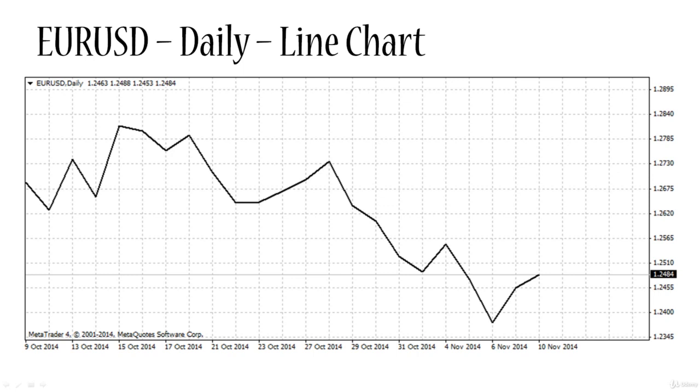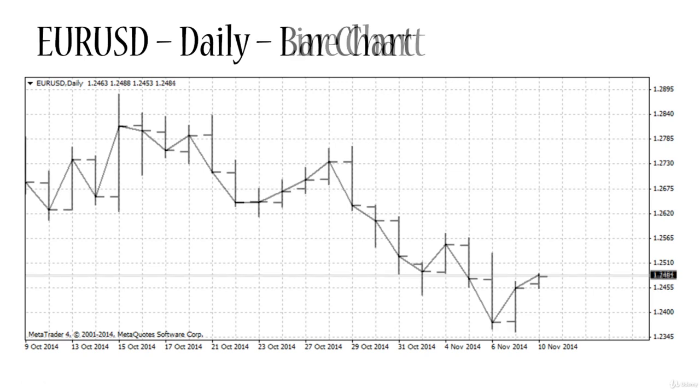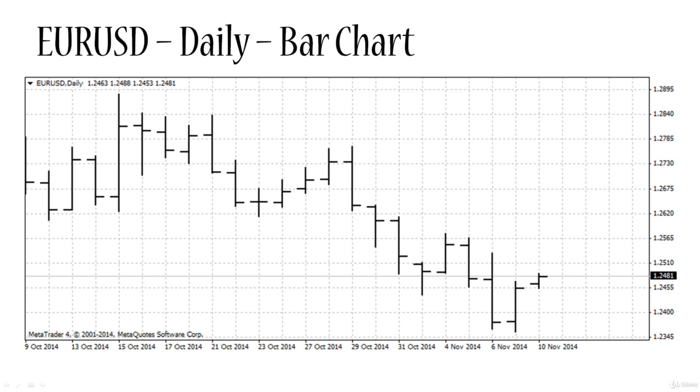Now let's look at the same chart but represented by a bar chart. As you can see, now we have much more information. They might be a bit more cluttered, but we can see where the highs and lows were, and exactly how this progression or this trend is developing. And now I'll change this bar chart into a candle chart, and you should decide for yourself which one you like more.